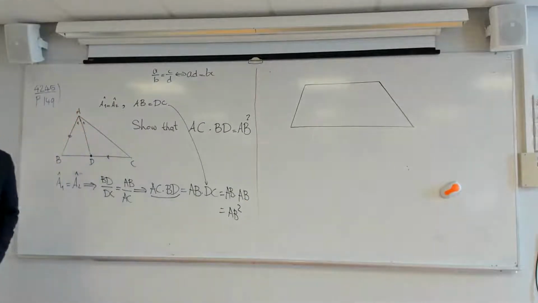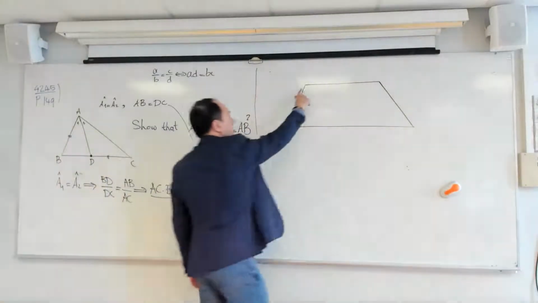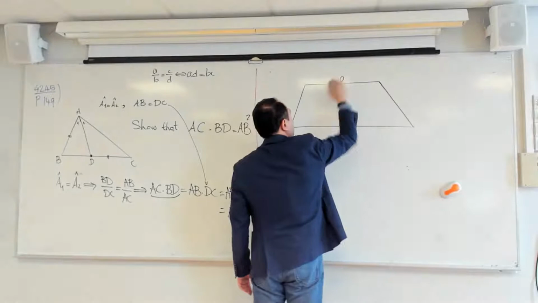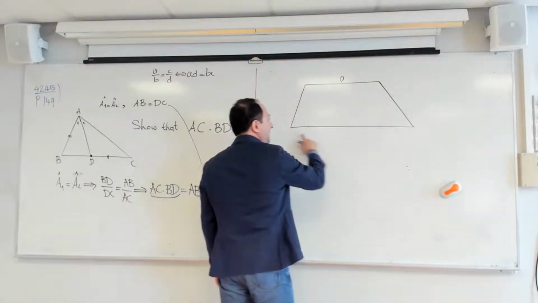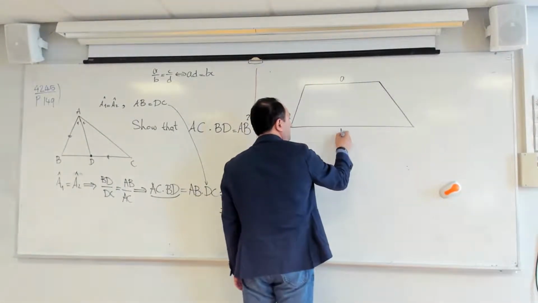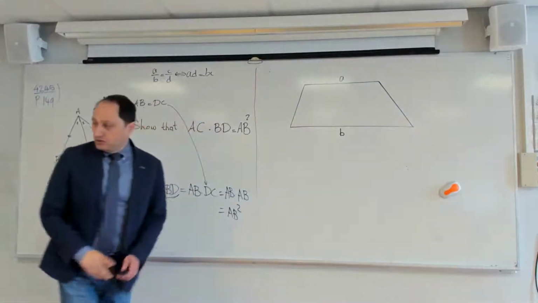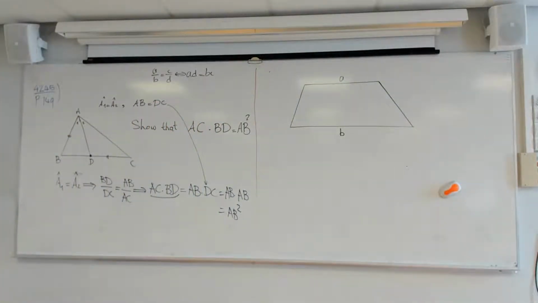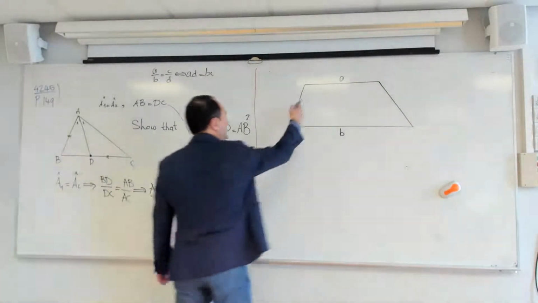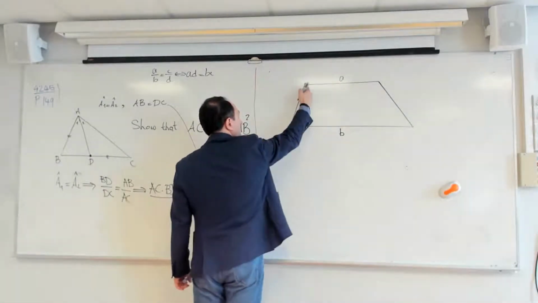So trapezoid is that these two sides are parallel. Let me give you the length of this one on top, A, and the length of this bottom one to be B. And what we do, we find the midpoint of this line segment.